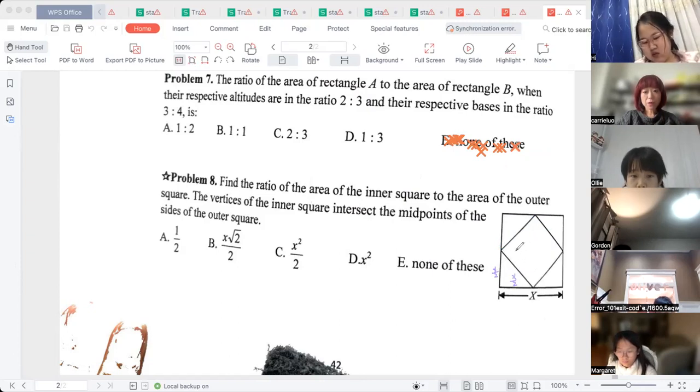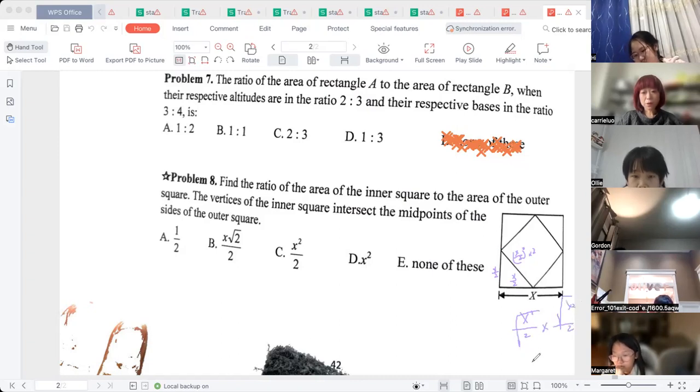So this one will be X over 2 squared times 2, so X squared over 2. Take the square root times X squared over 2, square root. So this one is X squared over 2, and this is X squared. So the answer will be 1 over 2.